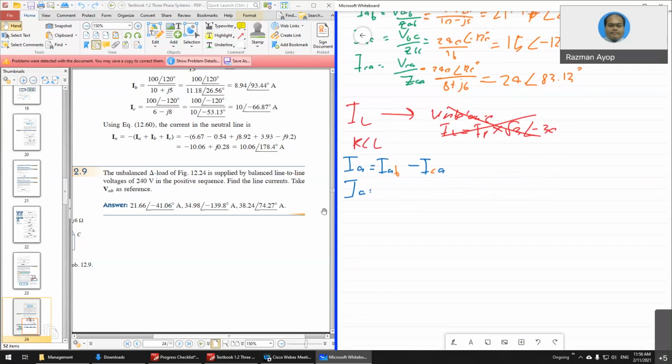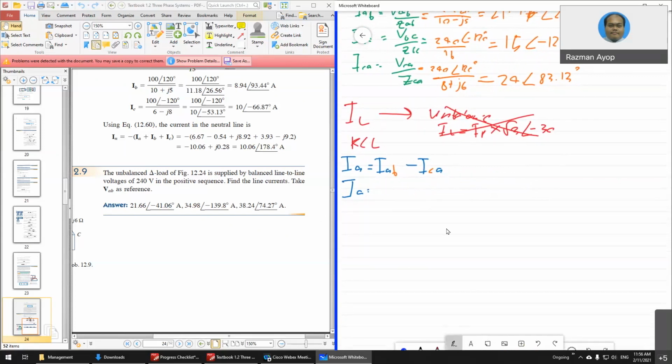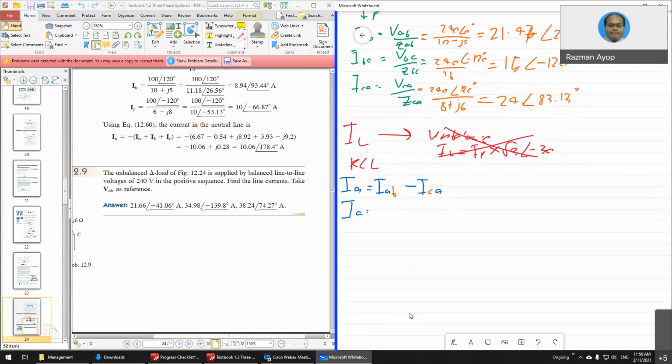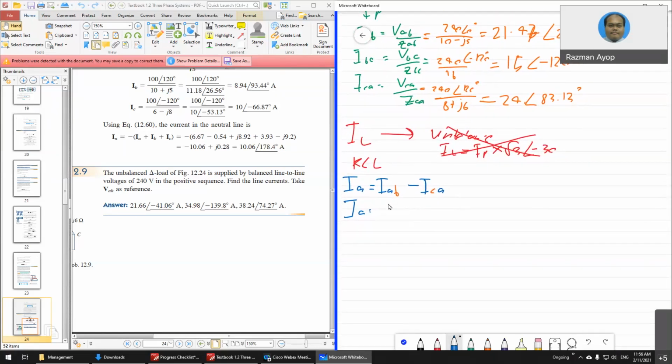IAB is 21.47 angle 26.57 minus ICA, which is 24 angle 83.13.